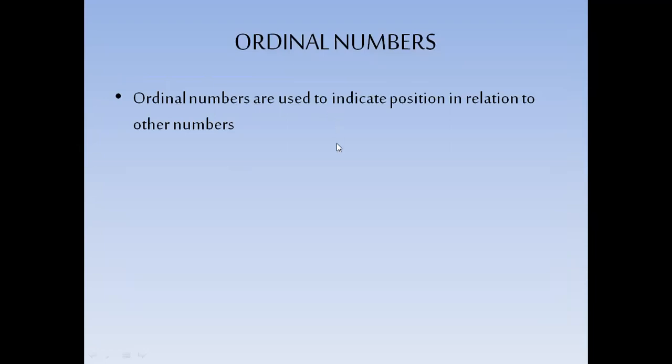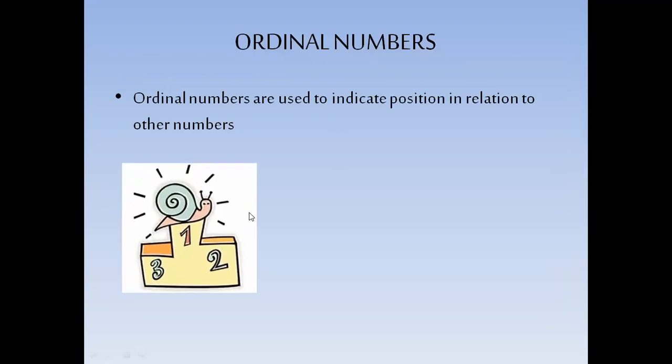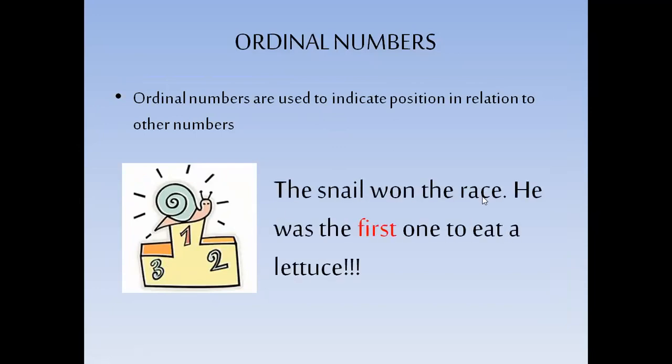So let's talk about ordinal numbers. Ordinal numbers are used to indicate positions in relation to other numbers. 1, first, second, and third. The snail won the race. He was the first one to eat a lettuce.